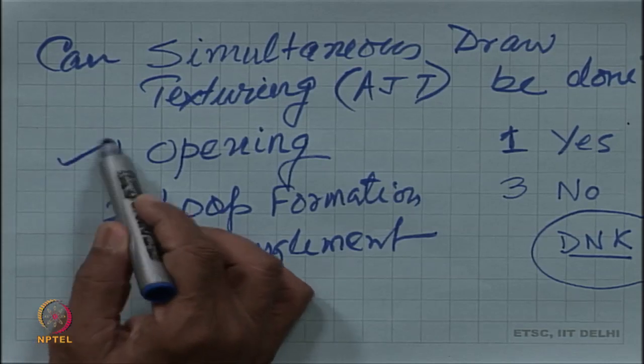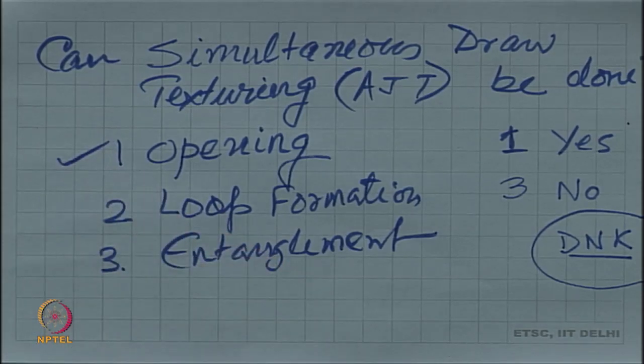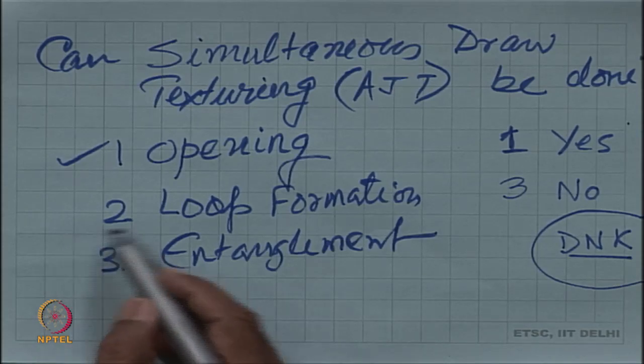So, opening can take place, let us say whichever way it takes place, that the filaments get separated. How does the loop formation take place?